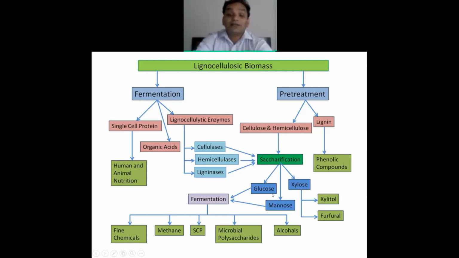An interesting point to note is that in a single broth, in the single hydrolyzate, glucose and xylose are both present once you hydrolyze and saccharify them. But glucose is utilized by one set of microbial systems and xylose by different microbial systems. So research is an absolute requirement at this point.